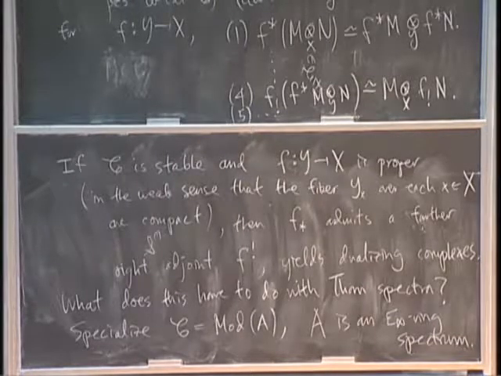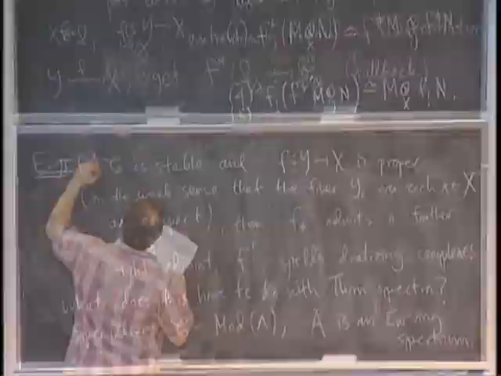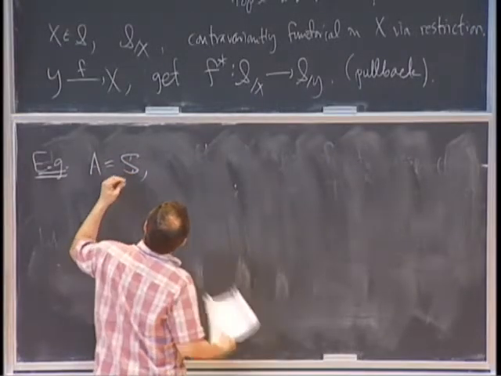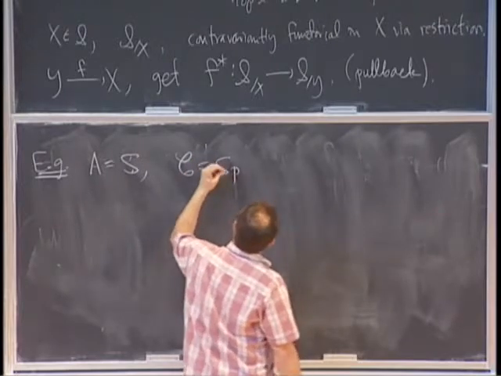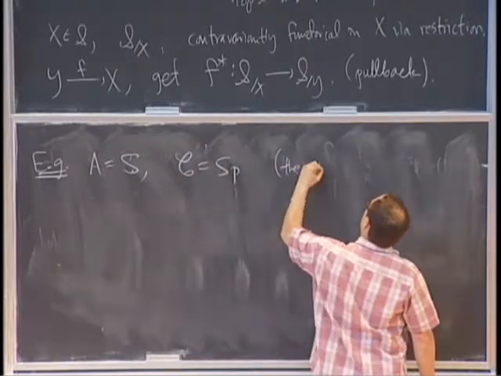So, for example, I want to do a couple examples. I could take A to be the sphere, in which case C is just spectra. This is the infinity category of spectra.